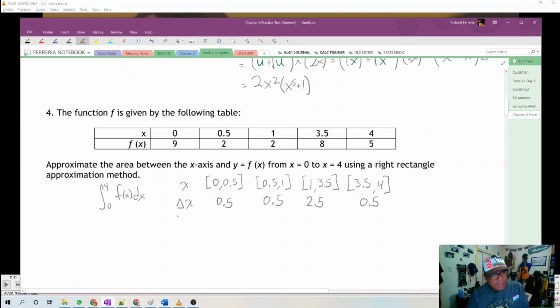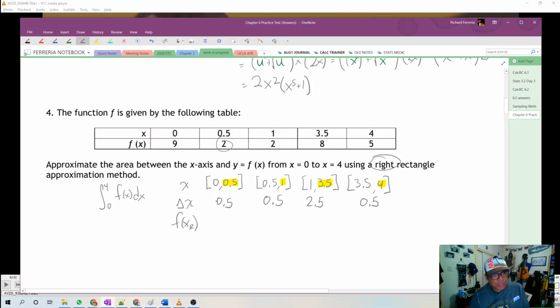Okay, lastly, this does say a right rectangular approximation, so we're going to do f of x on the right side. So let's highlight all the right sides. That's at 0.5 on the first interval, 1 on the second interval, 3.5 on the third interval, and 4 on the last interval. So what is f of 0.5?